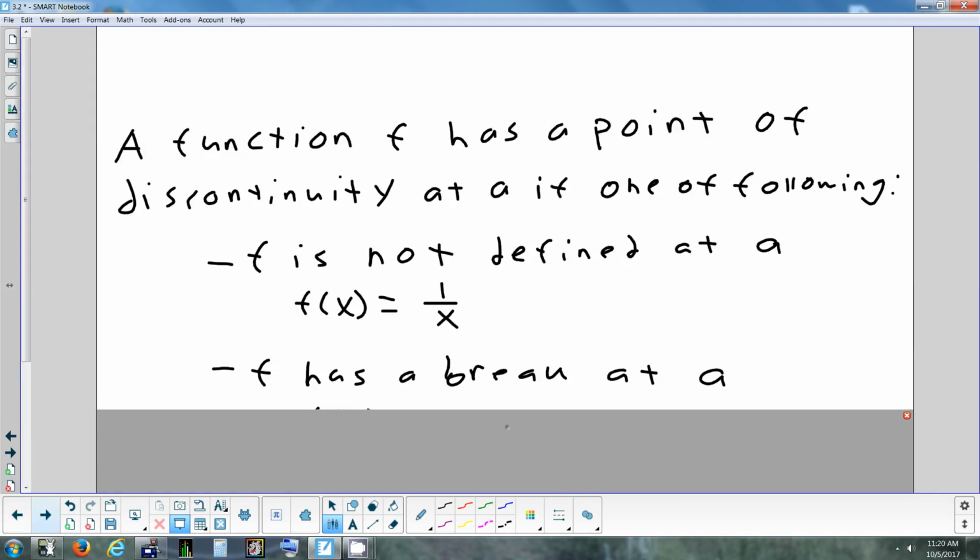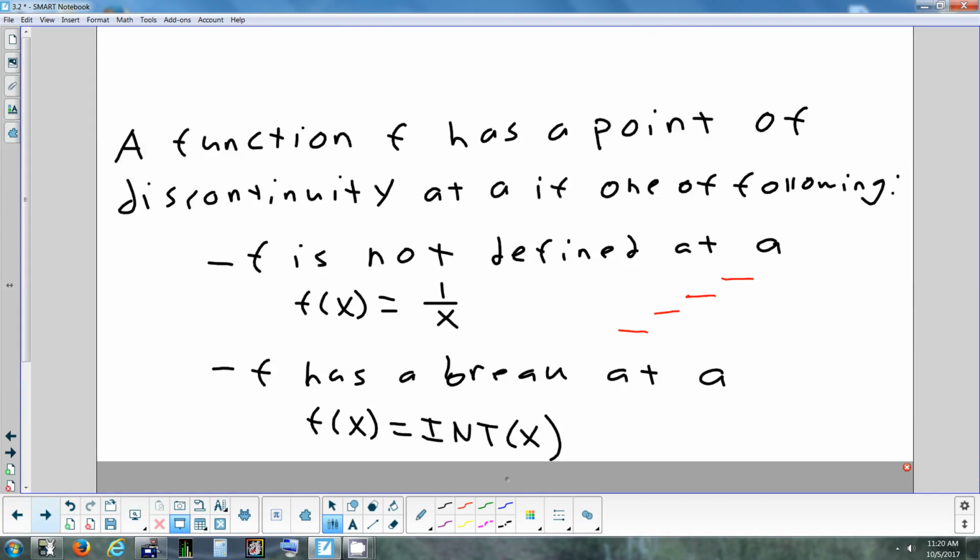Another type of discontinuity is a break. With a break, it's not that you have an undefined value, okay, like in the integer function. In the integer function, you can plug in anything you want for x. There is no restriction. Positive, negative, fraction, decimal, 0. You'll never get an undefined value in the integer function.